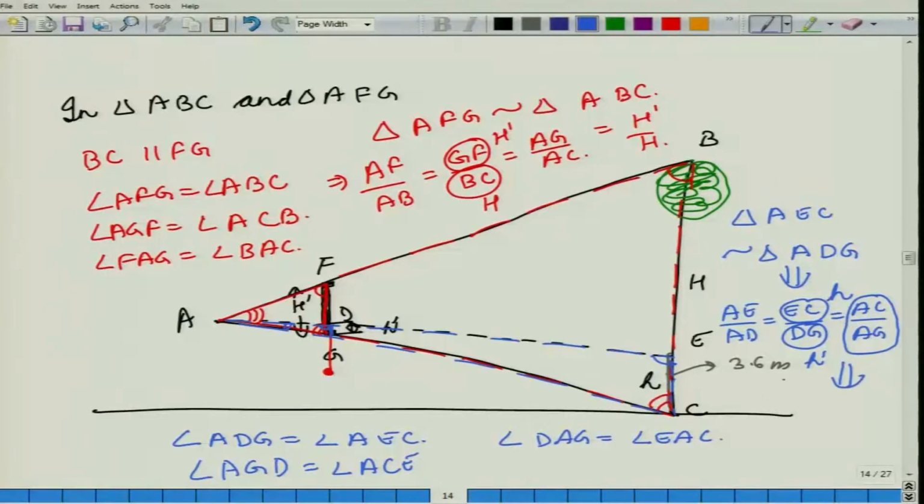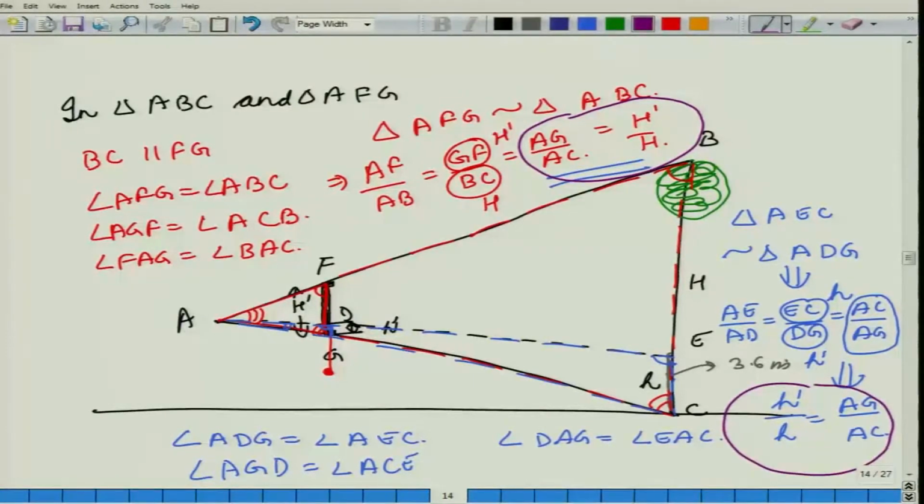So, this would give us, taking the reciprocal, AG upon AC. Now, previously we have seen that AG upon AC is equal to h prime upon h. So, this observation and this observation would together give us that AG upon AC is equal to h prime upon h is equal to small h prime upon small h.